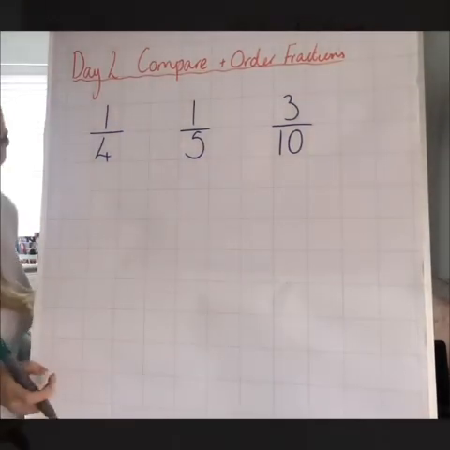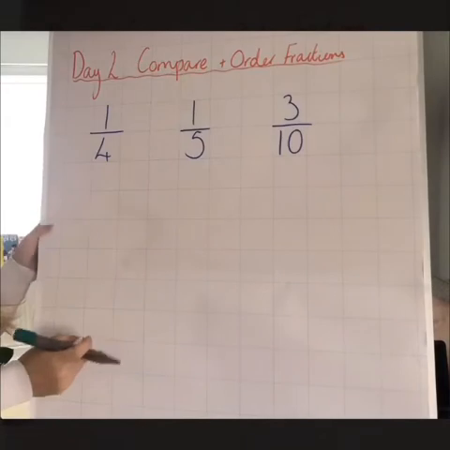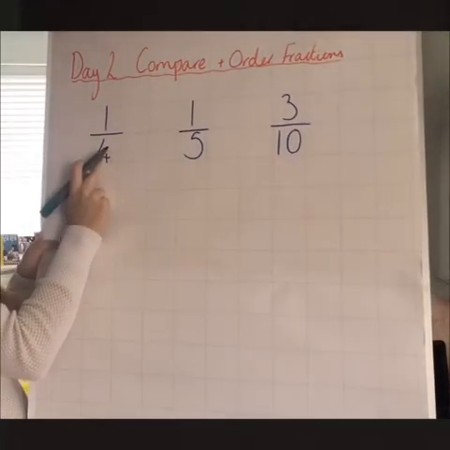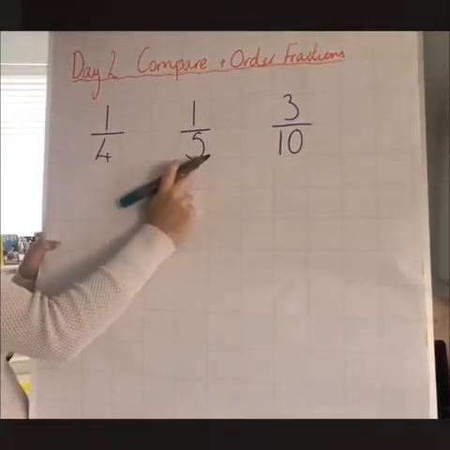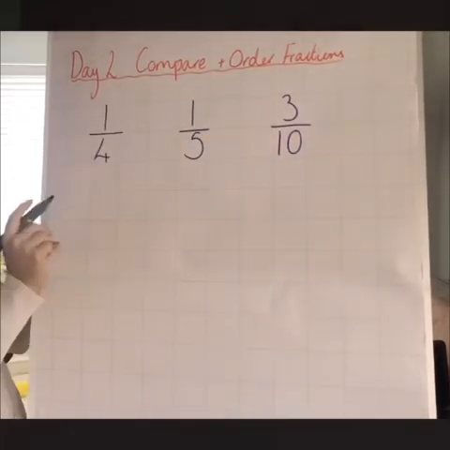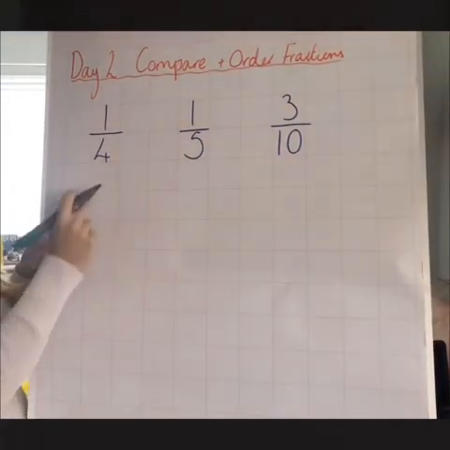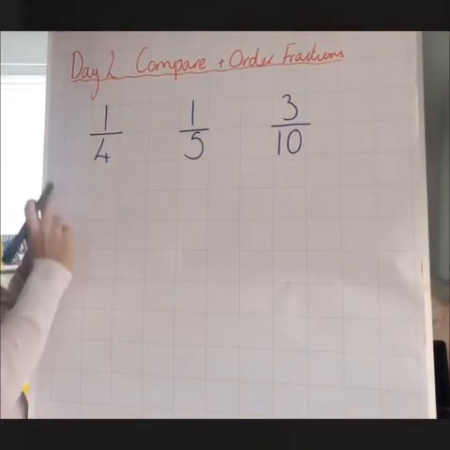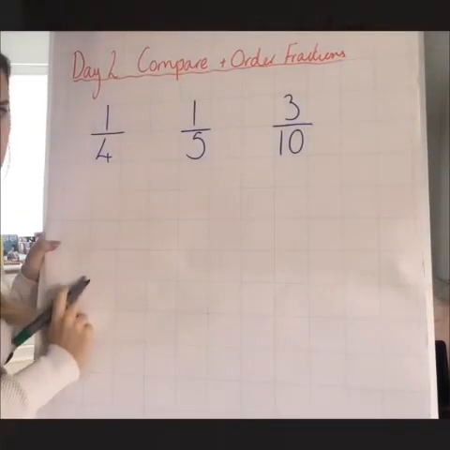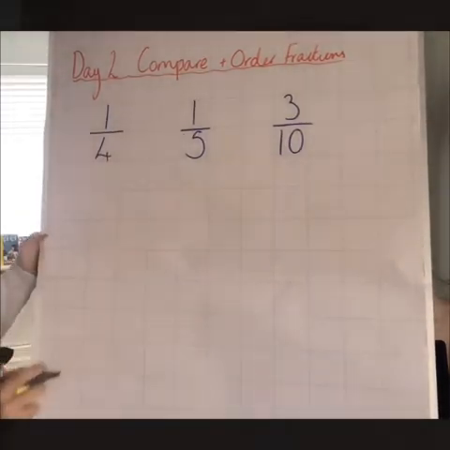So using our factors and multiples again, I am looking for a multiple of 4, 5 and 10. It might help you to do your 4 times table at the side, your 5 times table at the side, and your 10 times table at the side.